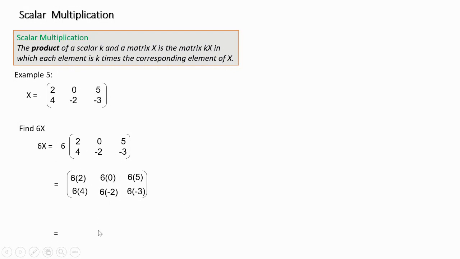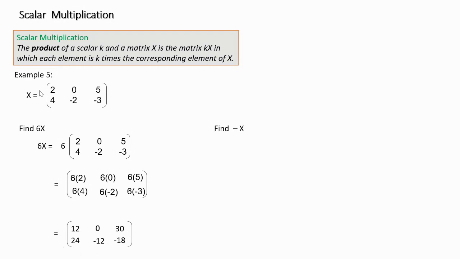Now we simplify. It's going to give us 12, 0, 30, 24, negative 12, and finally, negative 18. That's my result of multiplying a scalar times a matrix.